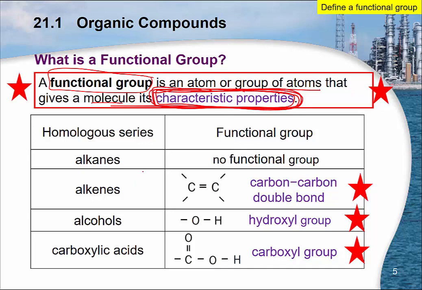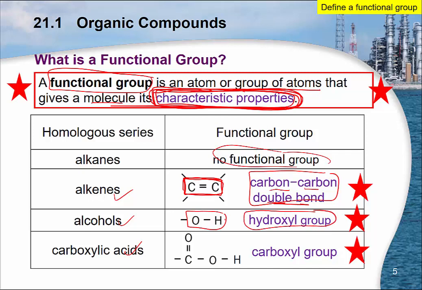And in the four families, you need to know that alkane has no special functional group. That's why the type of reaction it has is quite limited. But alkenes, alcohols, and carboxylic acids all have their very distinctive, unique functional groups. For example, alkene has this structure, carbon double bond carbon. It's called a carbon-carbon double bond. And the alcohol has this, which looks like hydroxide, but it's called hydroxyl group.